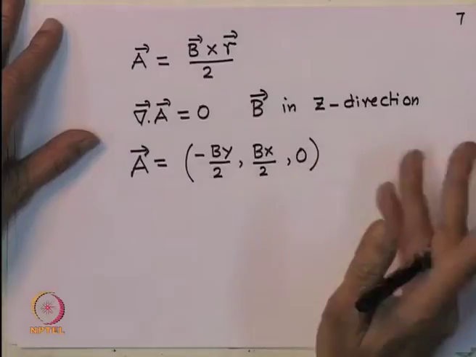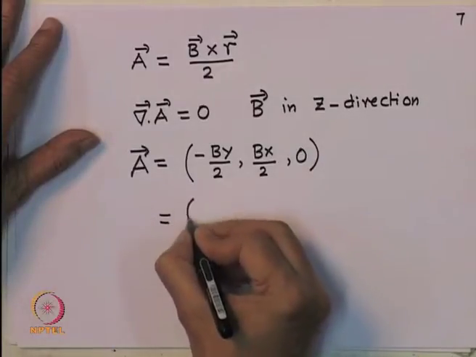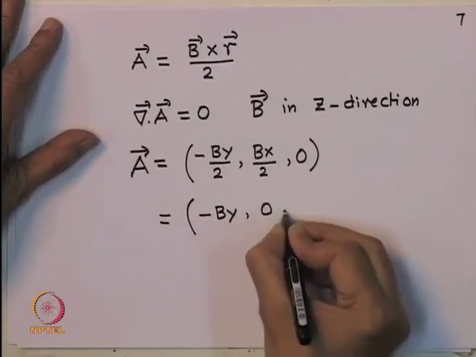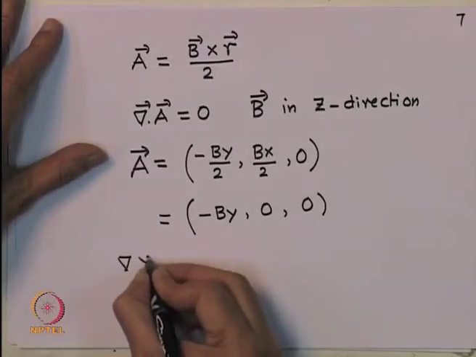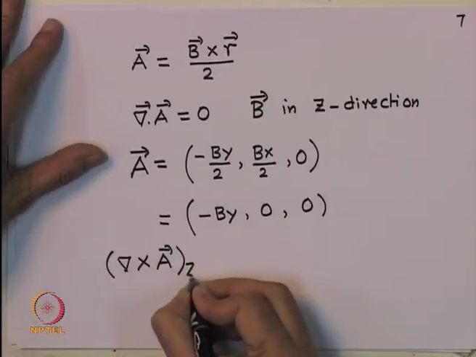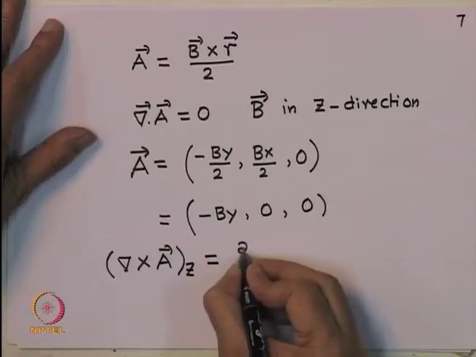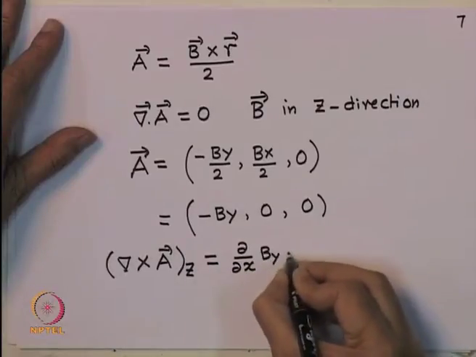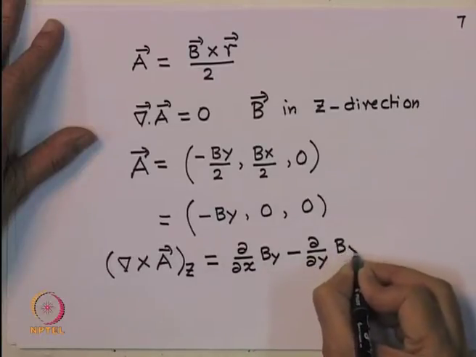But this is not the only expression possible. As we had seen, for instance, you could do this, you could have By, 0, 0. Remember, we are only interested in del cross A's z component, because I wanted the magnetic field to be in the z direction. So, this is nothing but d by dx of Ay minus d by dy of Ax.